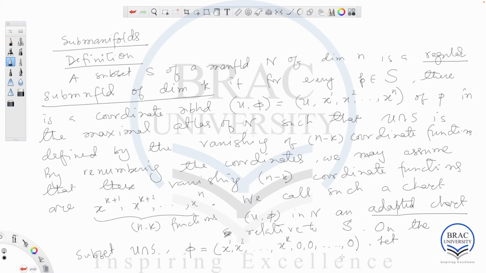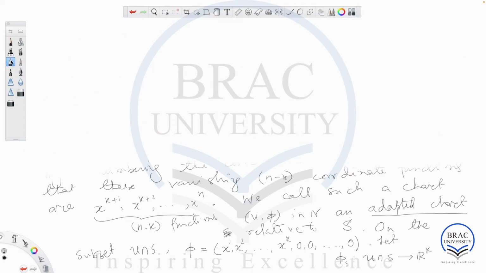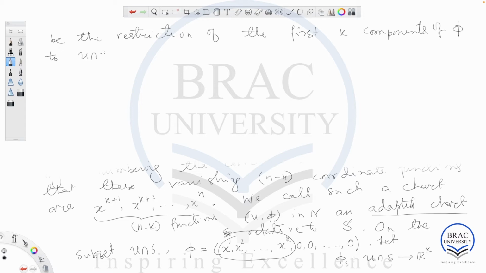Now let phi_S, from the subset U intersected with S to R^k, be the restriction of the first k components of phi to the subset U intersected with S. That is a subset of U. Remember, phi is a map from U to R^n. Now, phi_S is the restriction of this map phi to this subset.